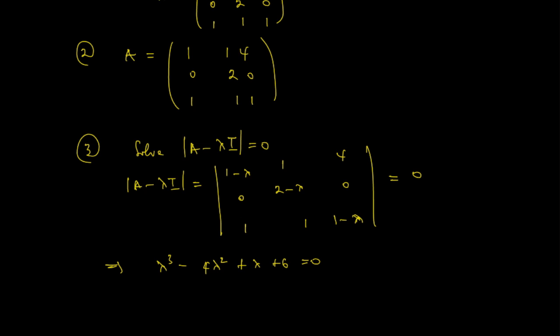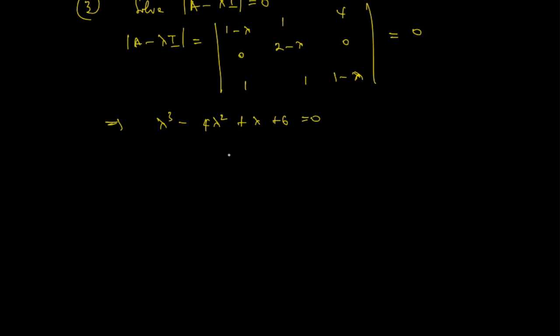Now when we solve this cubic equation, we obtain lambda 1 equals -1, lambda 2 equals 2, and lambda 3 equals 3. What you observe here is that all the eigenvalues we've obtained are distinct. They are not equal to each other at all.